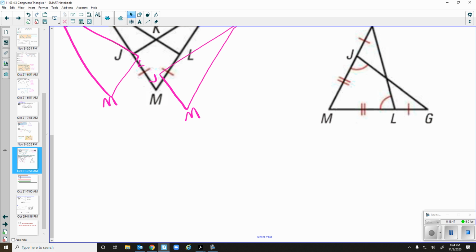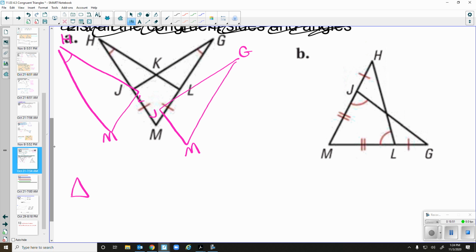So if we have triangle, let's go with triangle MHL. If I wrote triangle MHL, what would have to be the other one? M, G, J. Correct.